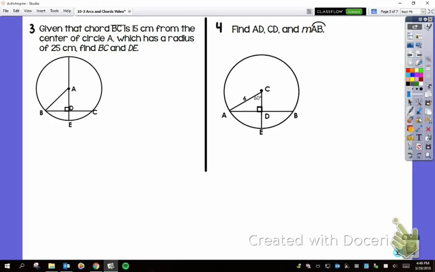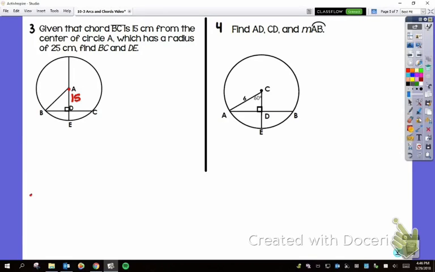So looking at this first example, we have to be very careful about how they worded the information that they gave us. Okay, given that chord BC is 15 centimeters from the center. Okay, if this is the center, this is chord BC, then it's 15 centimeters from the center, so 15 would go right there.